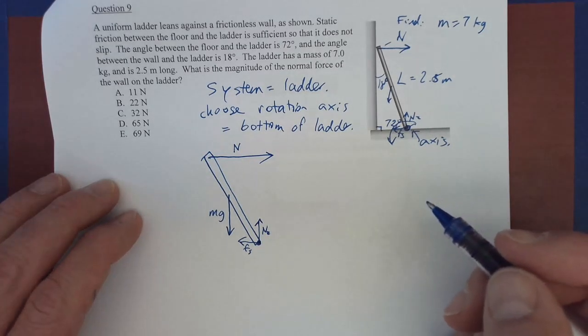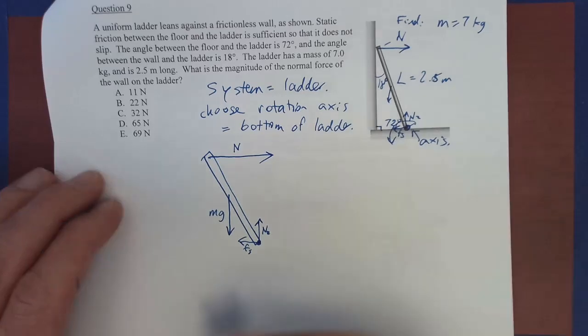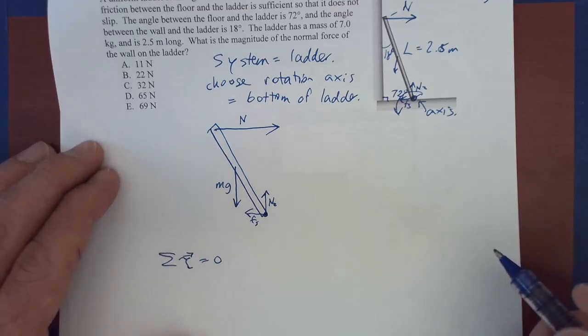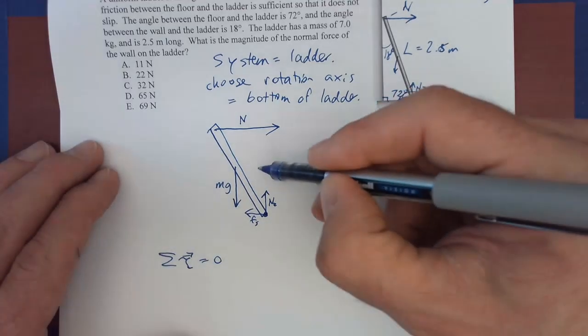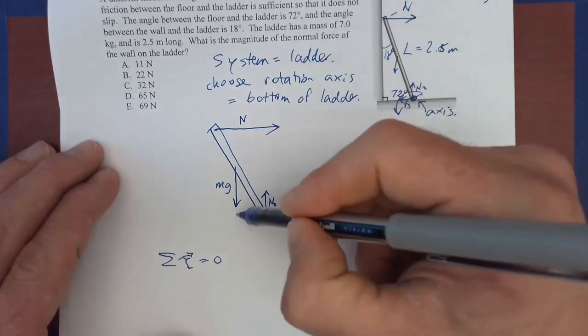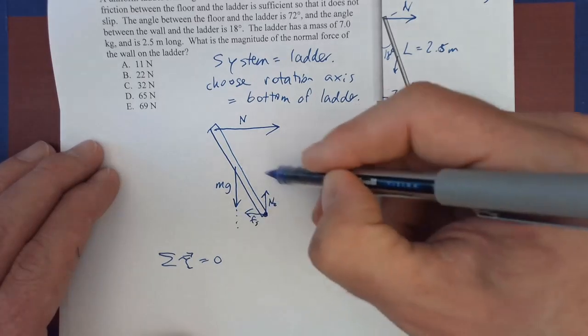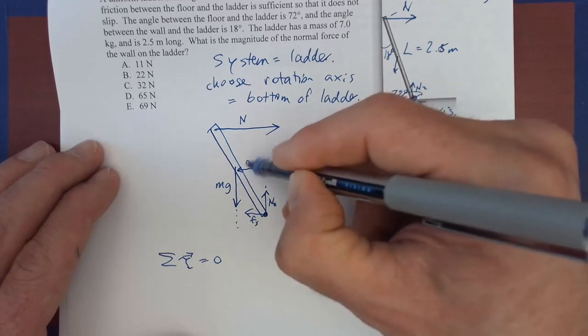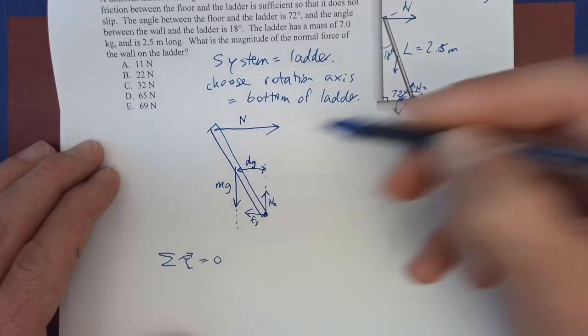And what I can do, I'm going to say that the sum of all the torques is equal to 0, since it's not rotating. And I'm going to have to find, I think this is going to be the lever arm called dg of the gravity force.